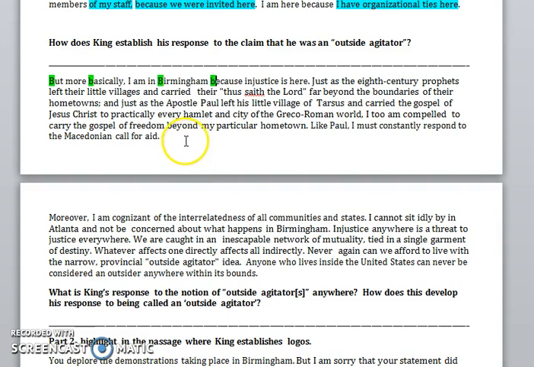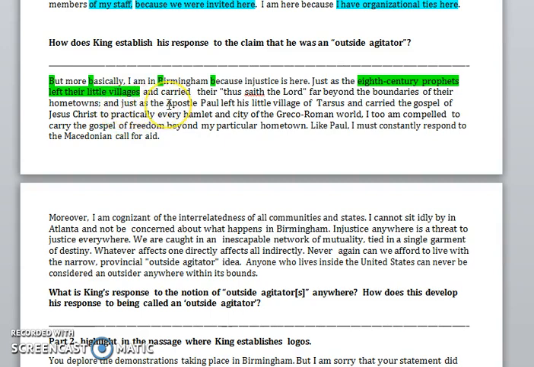Okay, so this is kind of brilliant in that he's talking to his audience, which is clergymen. What better way to provide credibility to what you're saying than to connect it to the Bible? And so that's what he's doing here. He says, just as the 8th century prophets left their little villages, okay, the apostles, and carried their "Thus saith the Lord" far beyond the boundaries of their hometown.